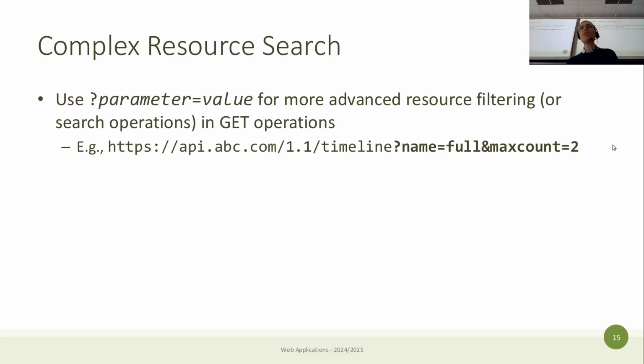Or I just want a certain number of elements. Limit the number of elements you are going to give me, because I'm interested only in the first 2 elements, and so on. This depends a lot on the application. There's no general rule; it depends on what you're going to do with your application.